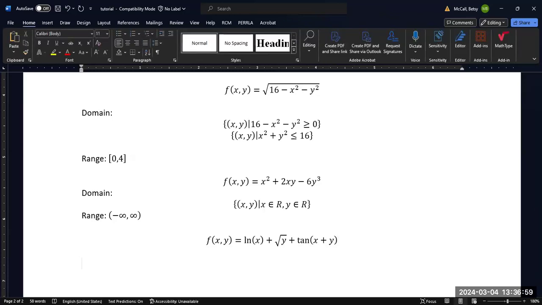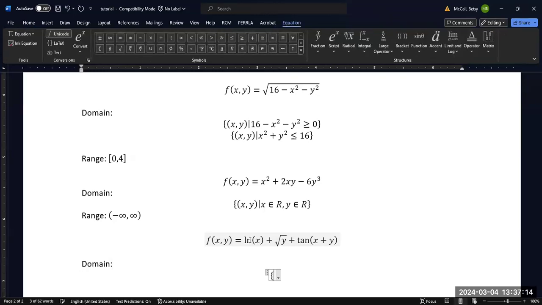So in this sort of an example, we would say, okay, x has to be greater than 0. Also y greater than or equal to 0. But then also we have to deal with this tangent. And the tangent is not defined at odd multiples of pi over 2.